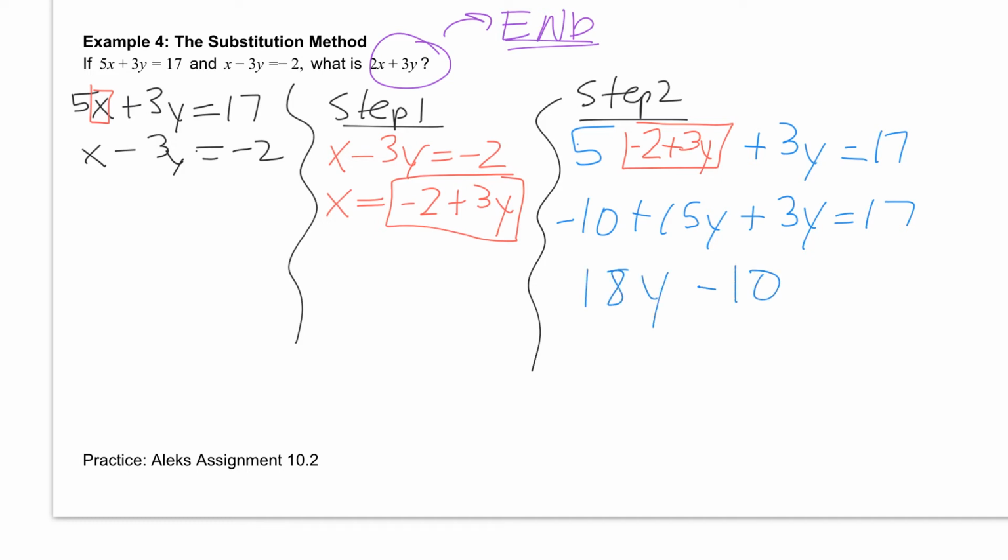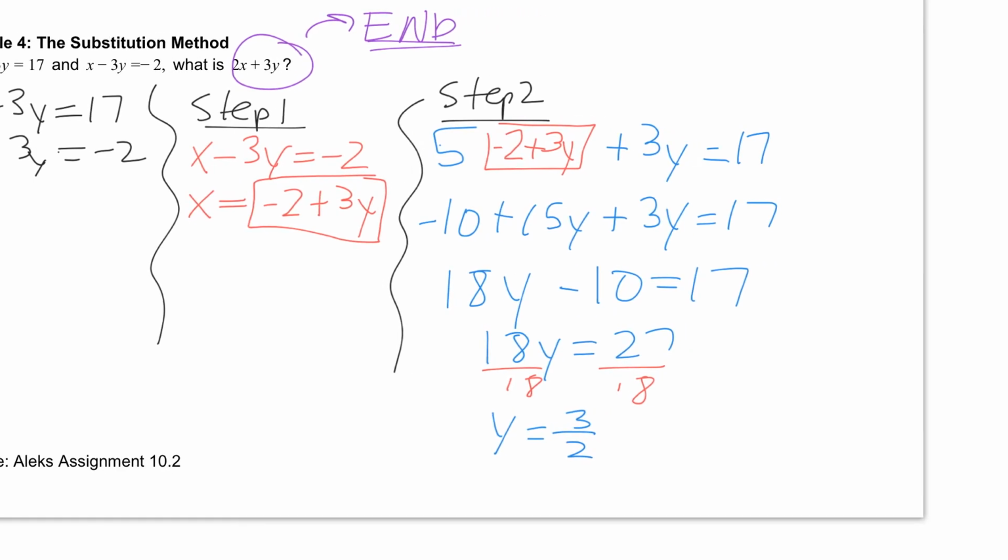Still minus 10 equal to 17. Then I want to add the 10 over to the other side, and I get 18y equal to 27. And then lastly, I'm going to divide both sides by 18, and we get y equal to 3 over 2.